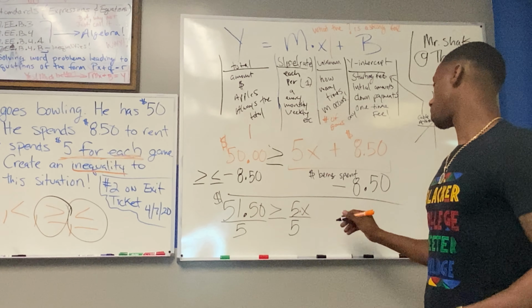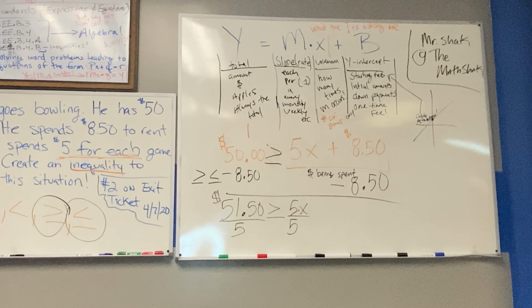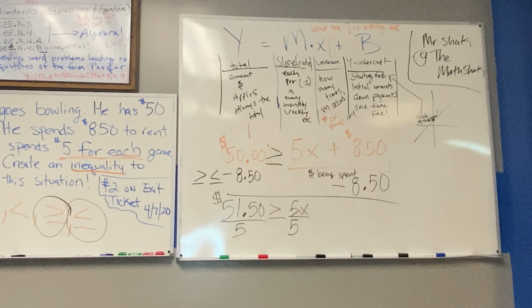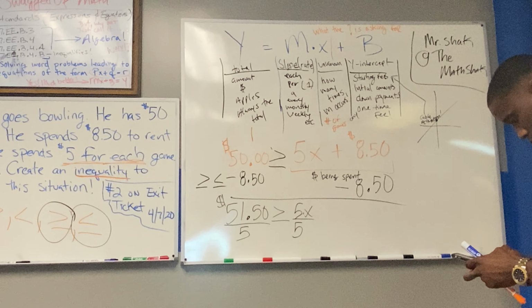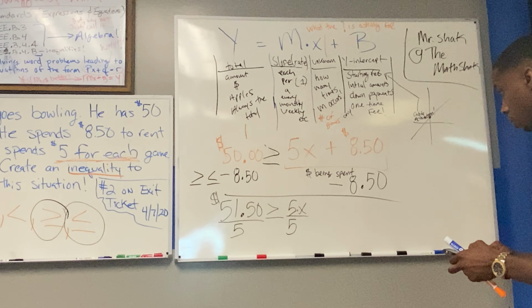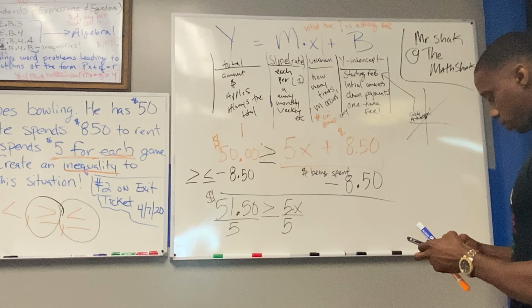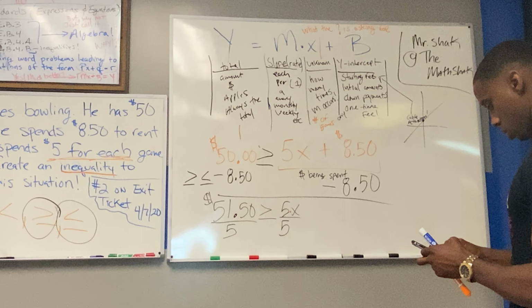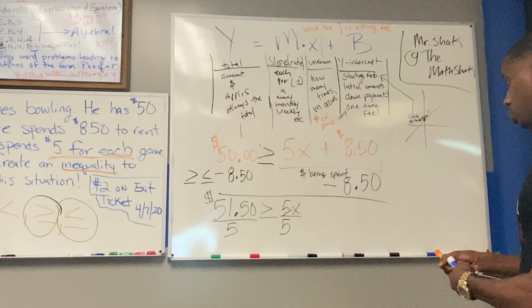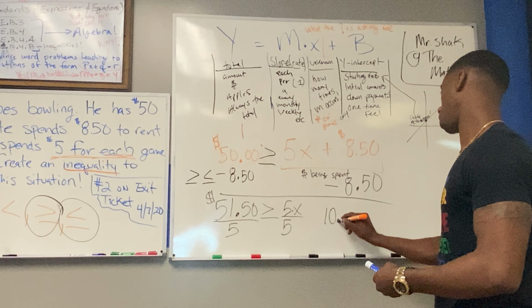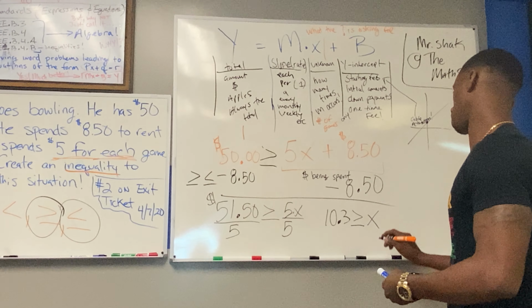This means that whatever 51, grab a calculator right quick. So $51.50 divided by 5 equals 10.3 is greater than or equal to x.